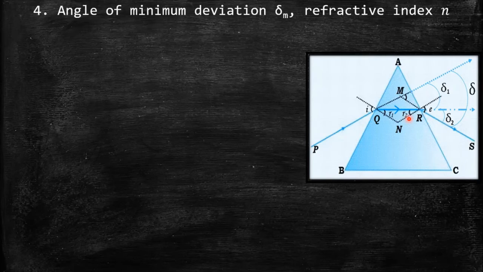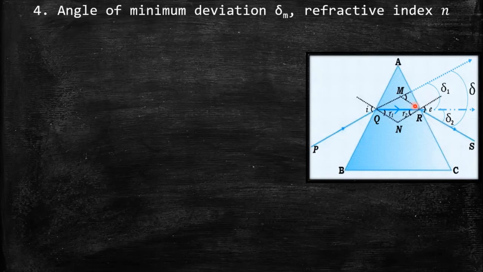Now suppose if angle B and angle C, that is the base angles of this prism, are both equal, what are you going to tell me about the ray QR? Can you understand that if B and C are equal, Q and R will be equal too, right? Well, how?